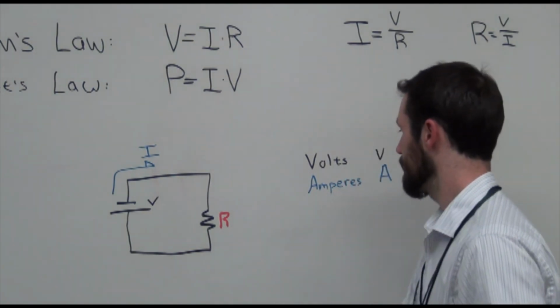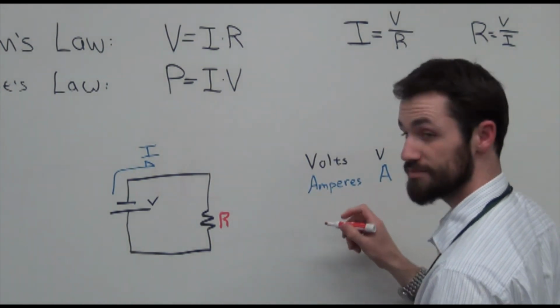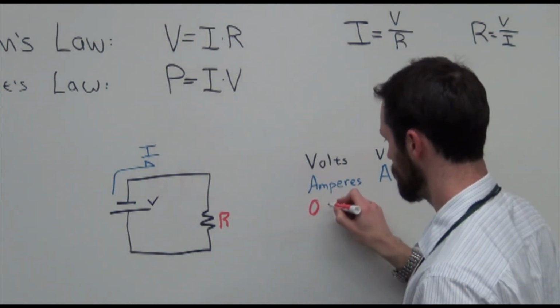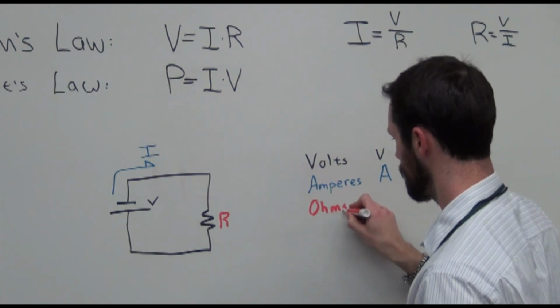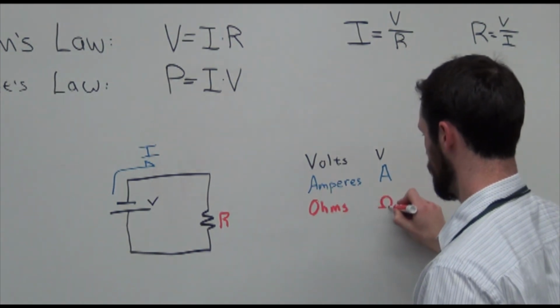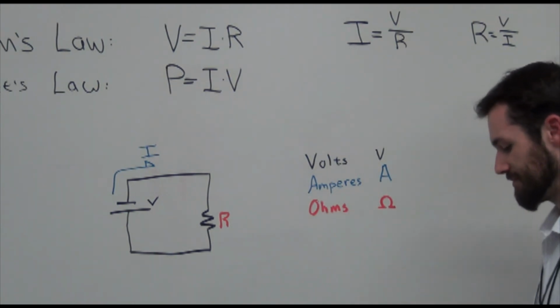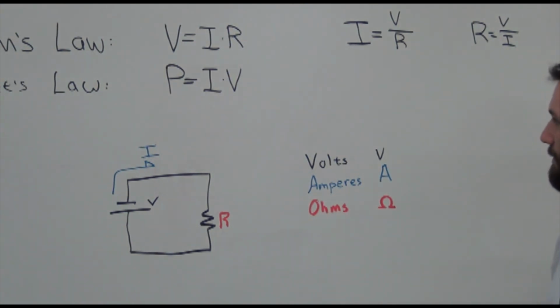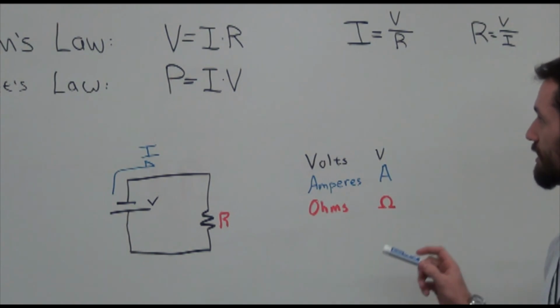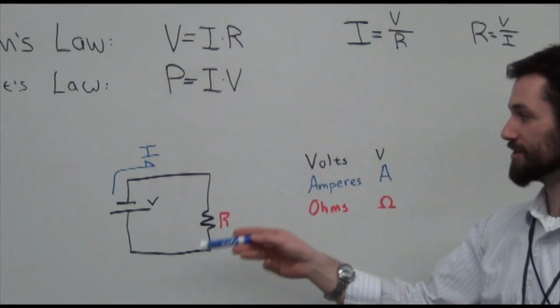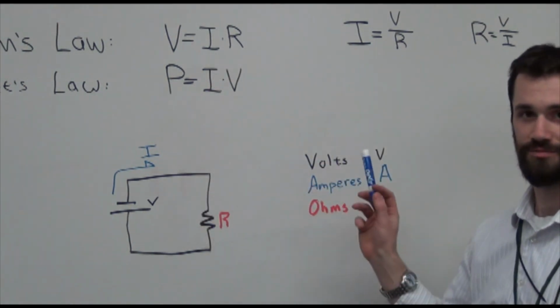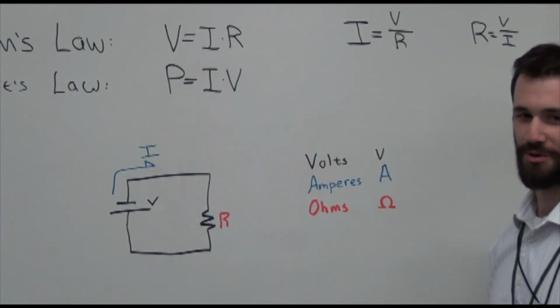And then resistance is measured in ohms, abbreviated with the Greek letter omega. So to solve for any given one of these, just find the other two values, and you can solve for it. I'm not going to do the algebra.